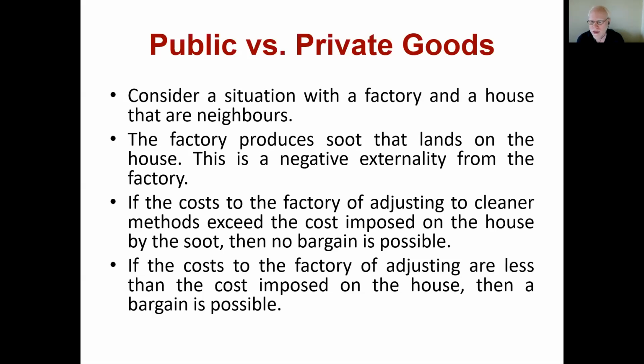The factory would be willing to accept anything between $1,000 and $2,000 because it costs $1,000. So anything at $1,000 is a break even, and anything above $1,000 is actually making money. So there's a range of bargains, anything really between $1,000 and $2,000, that the house and the neighbors could strike.